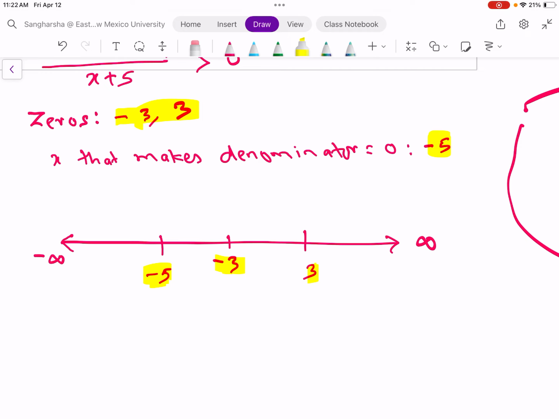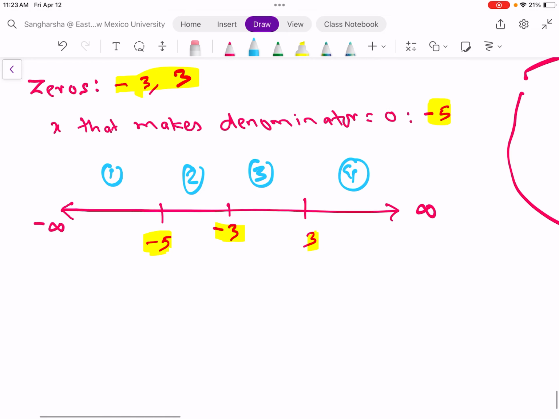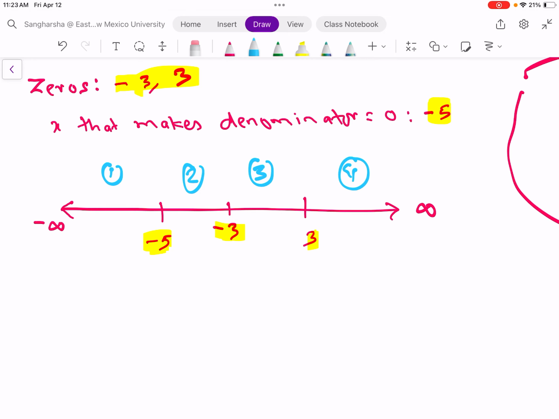Now how many intervals do we have? We have 4 intervals, and we need to choose the correct interval as our solution. So the next step is we choose a testing number from each interval. From the first interval, let's choose -6.